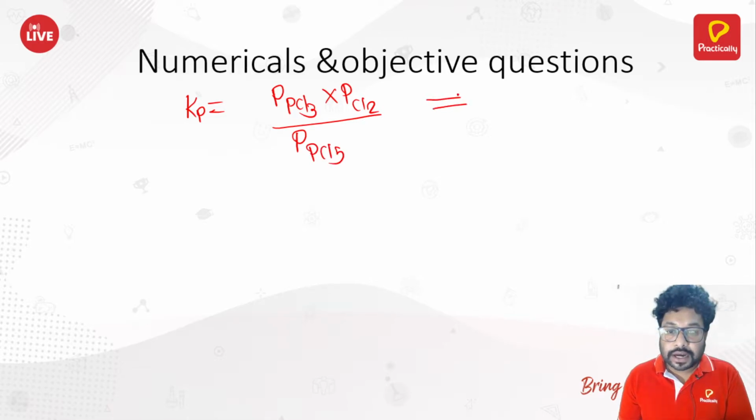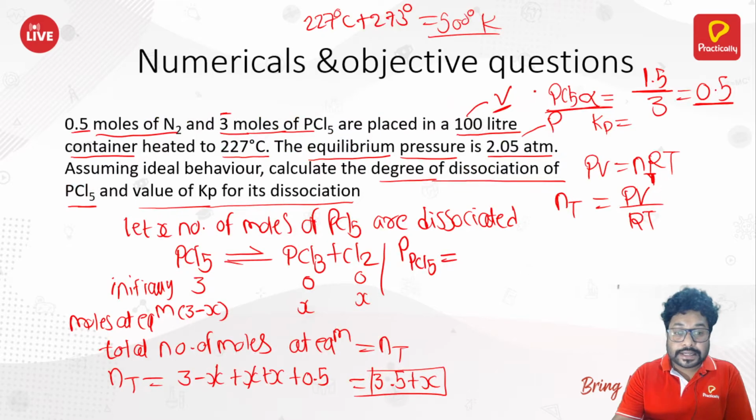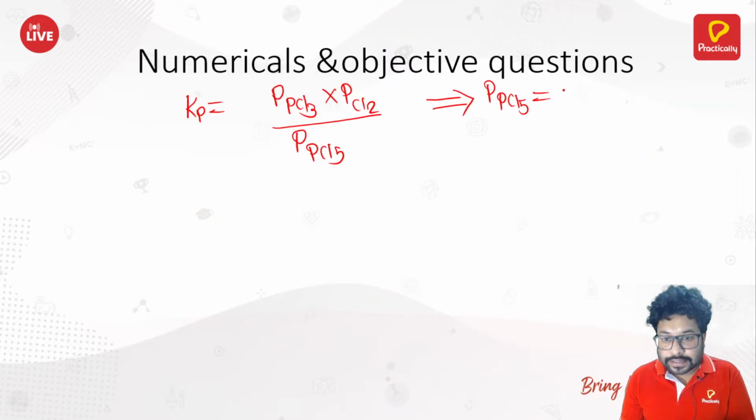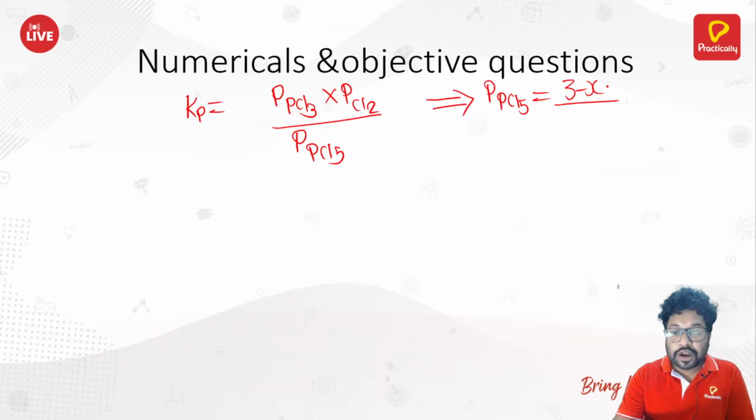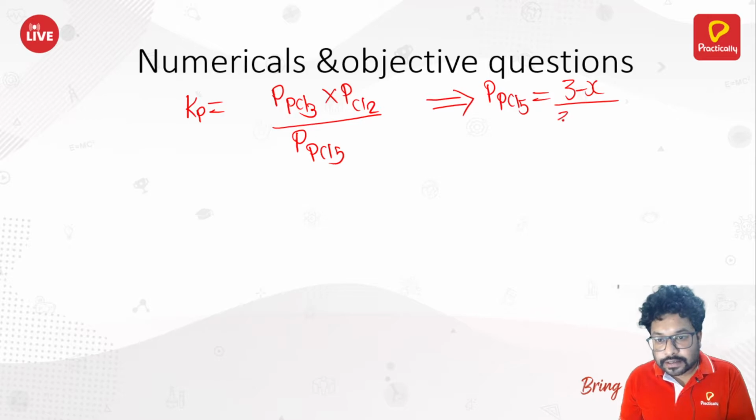Now let's calculate partial pressure of each one of them. Partial pressure for PCl5 is equal to its number of moles at equilibrium, 3 minus X, divided by 3.5 plus X, isn't it?